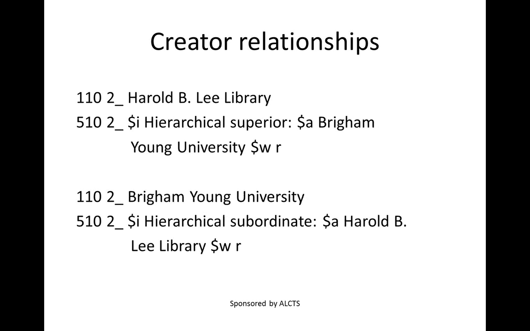This is particularly useful in cases where the structure of the authorized access point doesn't clearly indicate that such a relationship exists. In the example given, recording this relationship makes clear within the record how the Harold B. Lee Library relates to Brigham Young University as superior and subordinate bodies.